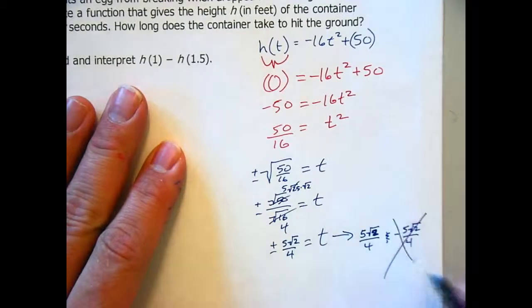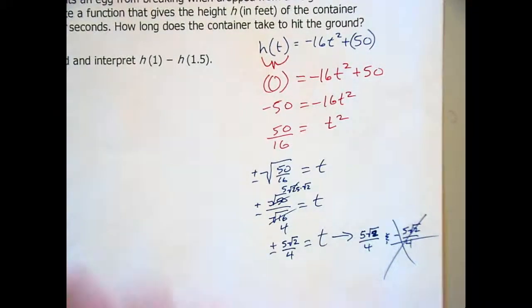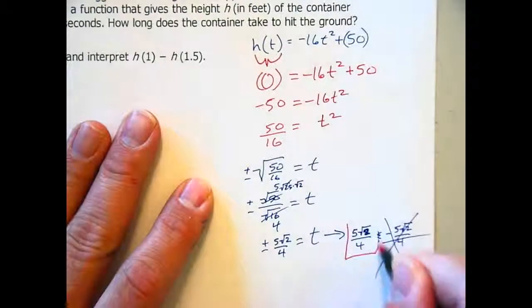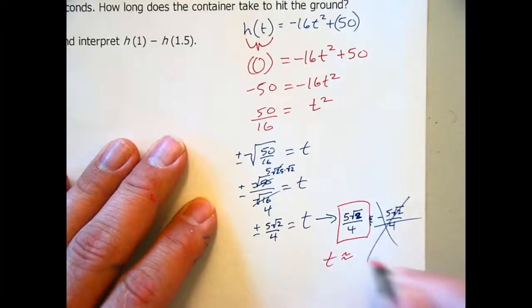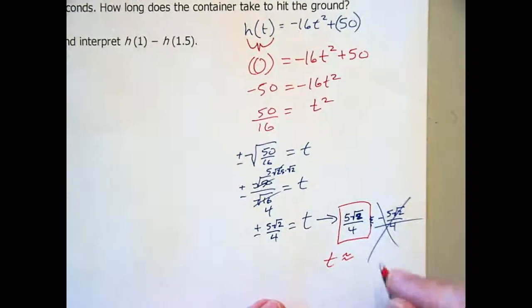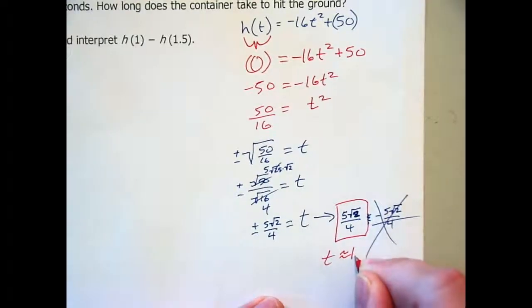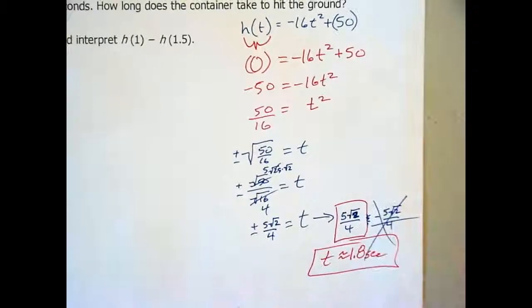Yeah, you can't have a negative time. I'm not going back in time. So 5 root 2 over 4, which is approximately how many seconds? 1.8. Okay. Any questions there?